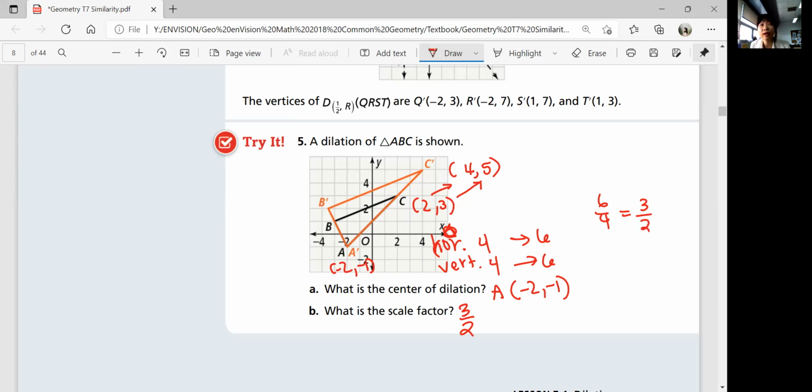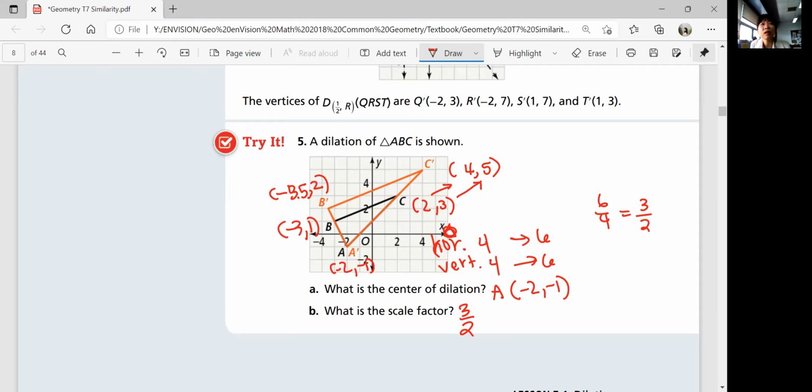In order to check your answer, you can check point B as well. Point B is -3, 1. B prime looks like -3.5, 2.